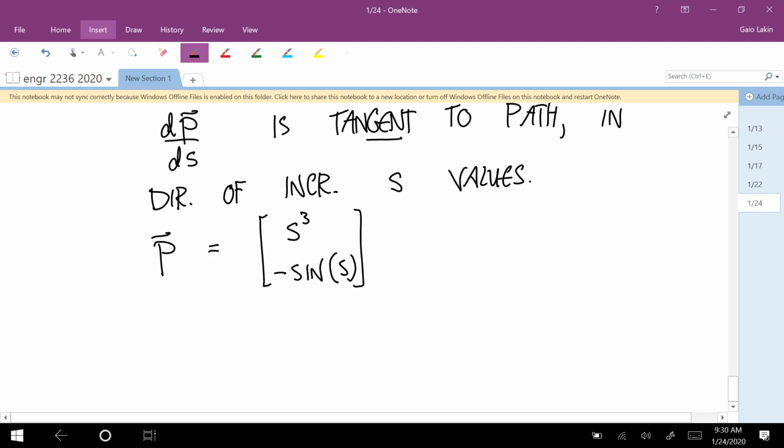And we don't even have to know physically what S is. They're both expressed in terms of the same parameter. And that means if you take the derivative of this with respect to S, you get a vector that's tangent to the path that it's following in the direction of increasing S values.